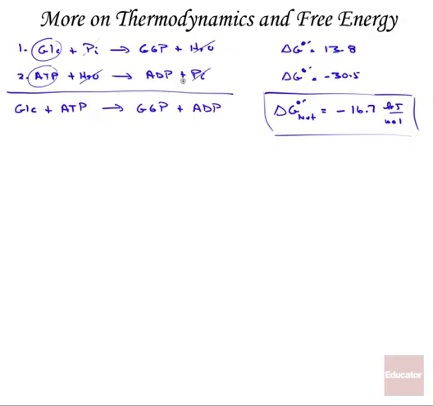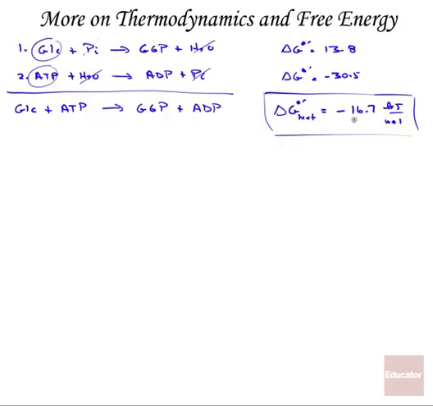However, if I couple it to a highly exergonic reaction like the hydrolysis of ATP, which is highly exergonic, by adding them together, I end up with a reaction that actually goes from glucose to glucose 6-phosphate. It is thermodynamically favorable.